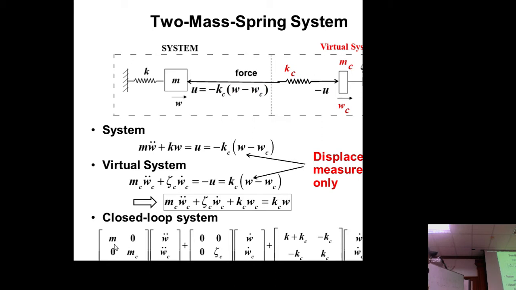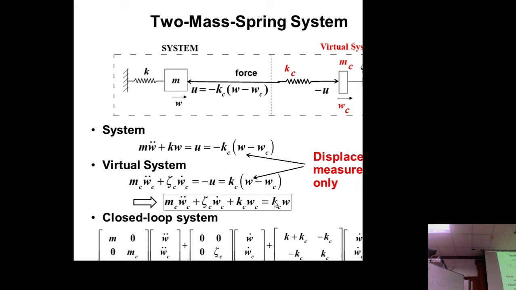And in this matrix form, we have the M, 0, 0, Mc, W double dot, Wc double dot, and we have the damping term matrix, 0, 0, 0, C, because we assume the system has no damping there. And then we have the K matrix, that's K plus Kc, minus Kc, and minus Kc, Kc, and W dot, Wc dot. That means after we mimic this system, the closed loop system can be written in this way.